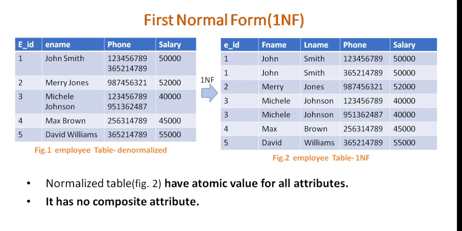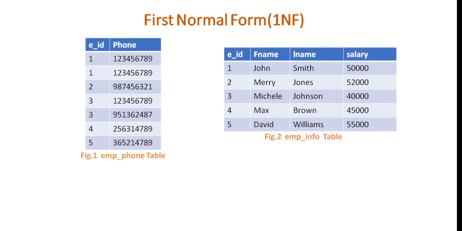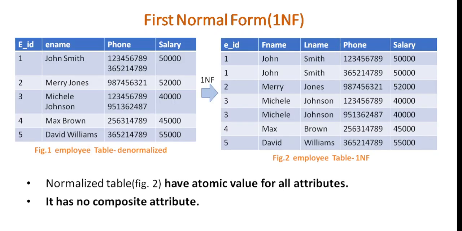First normal form is the basic normal form. Another way to convert a denormalized relation into first normal form is this. Here you can see we have created two tables. There are a number of ways to convert a denormalized relation into first normal form.